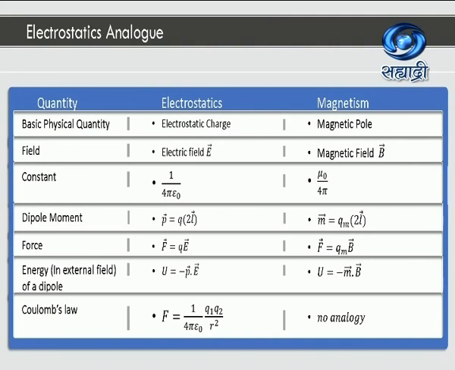Likewise, in magnetism, we call it as magnetic dipole moment and is denoted by small letter m. It is equal to Q suffix m into 2L, where Q suffix m is the pole strength of north pole, which is positive. And therefore, the product of pole strength and separation is called as magnetic dipole moment.